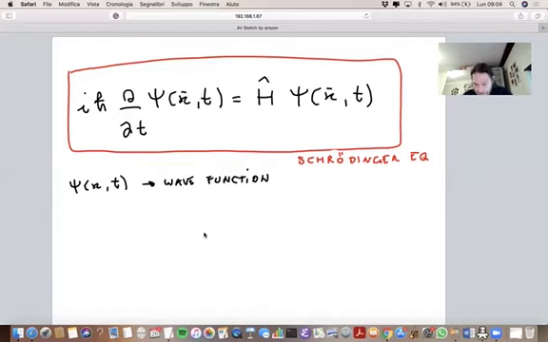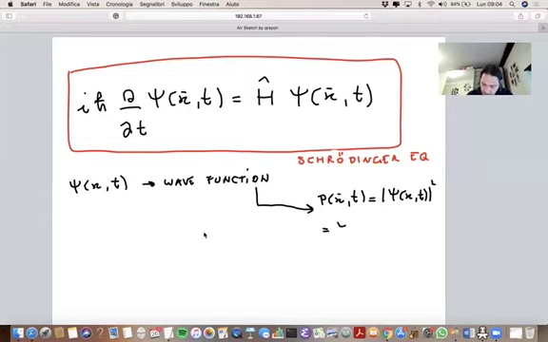And remember, from the wave function, one thing we imposed from the very beginning, we are interested in computing the probability of finding the particle at some given position, at some time, from the square modulus of the wave function. And what is the square modulus?